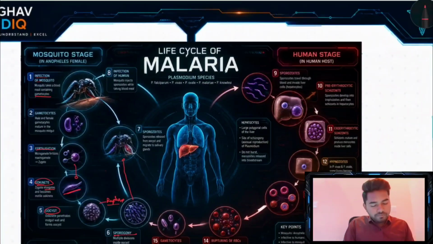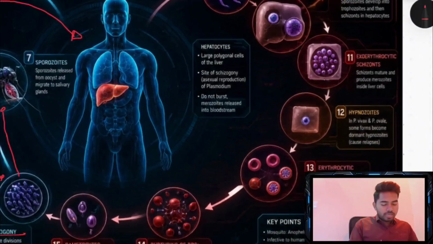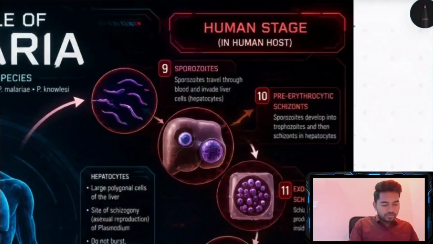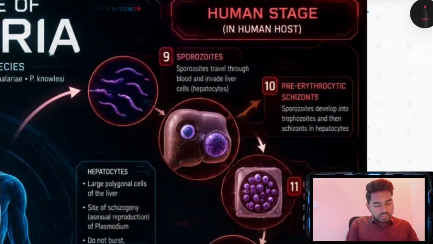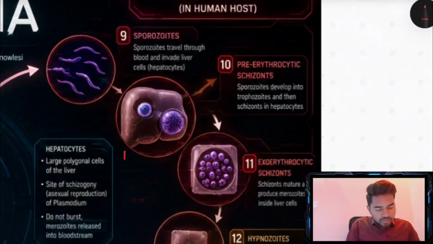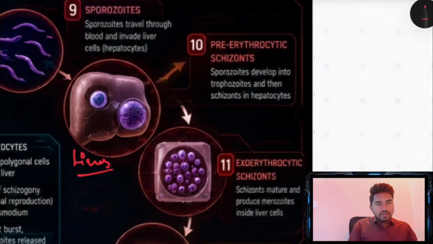Now, if the infected mosquito bites humans, what happens? First, sporozoites enter. Next, they migrate to the liver. In the liver, hepatocytes, we call this stage pre-erythrocytic schizonts.